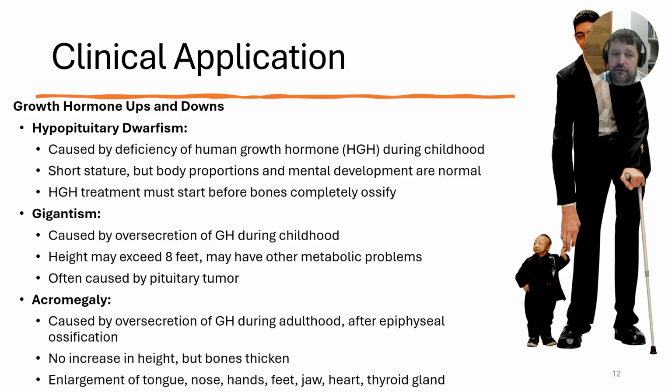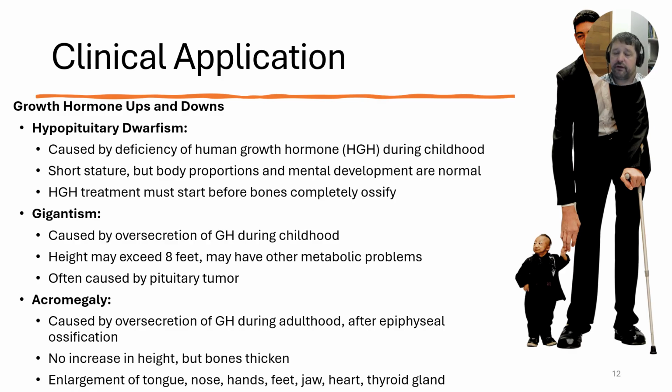And then acromegaly. This is when you have similar over secretion of growth hormone, but as an adult, after the epiphyseal ossification. Remember, after your growth plates have already solidified, you're not adding new bone growth, so if this occurs, the bones just thicken.